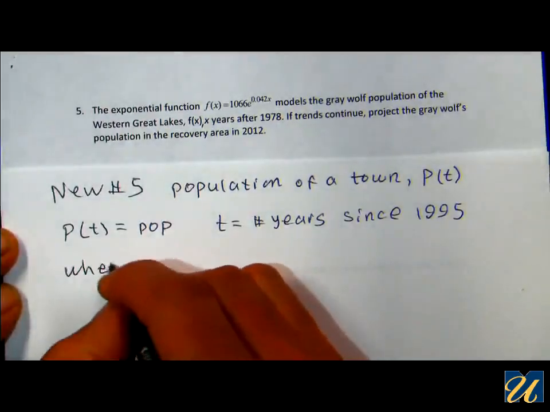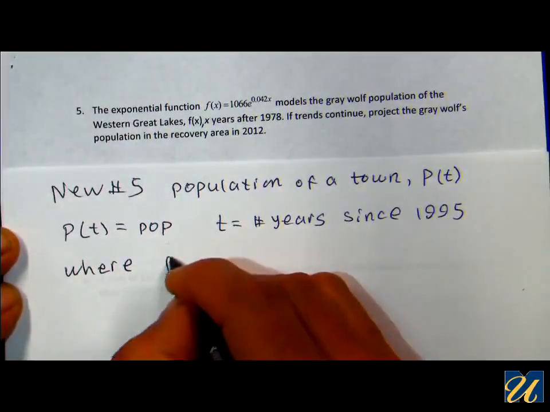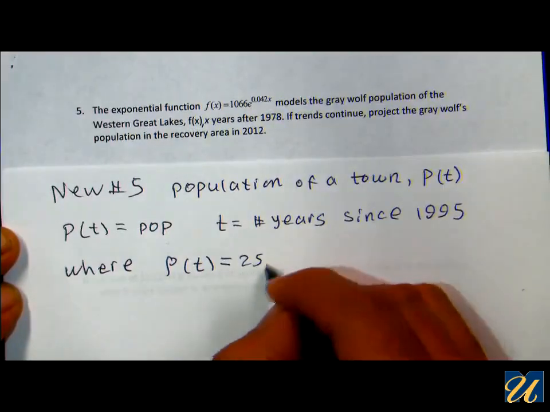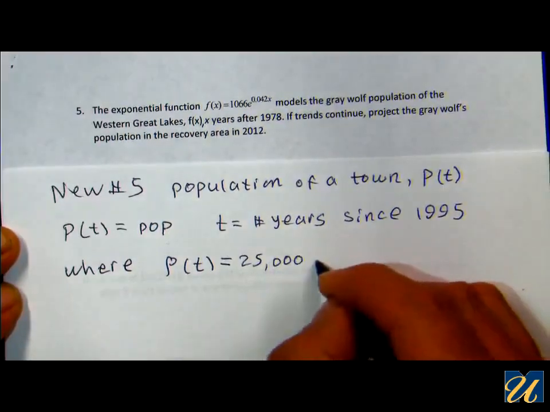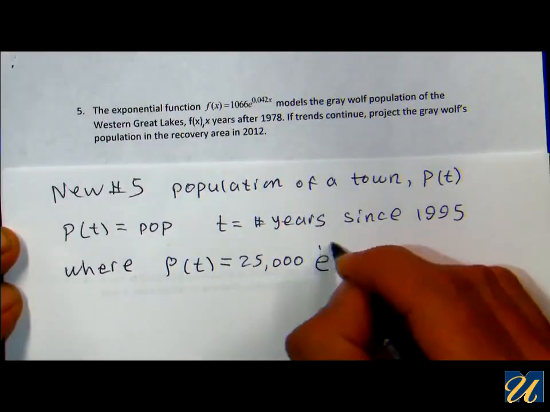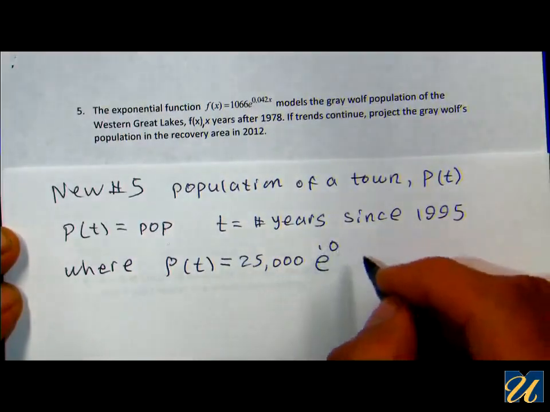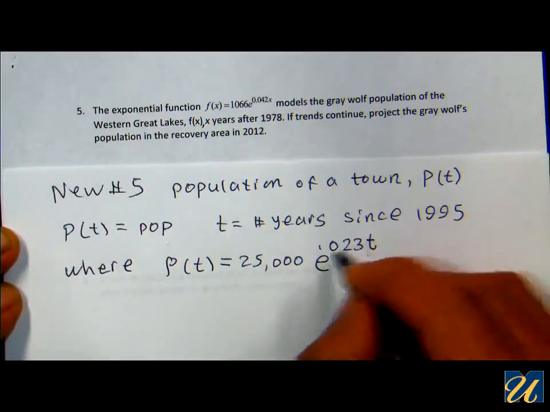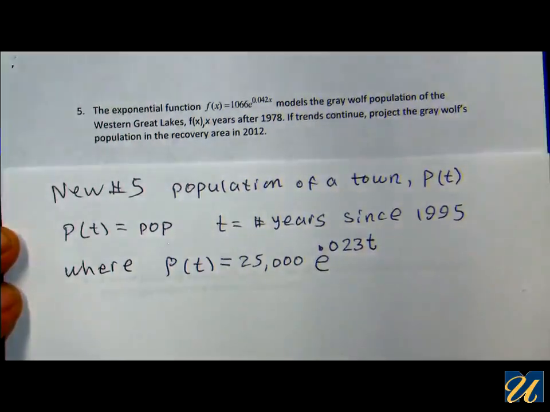And let's give you what that exponential function looks like. P of t will be 25,000 e to the 0.023 t.